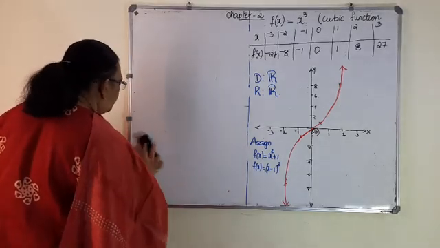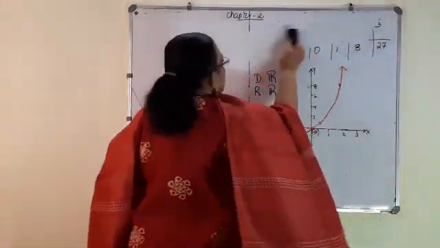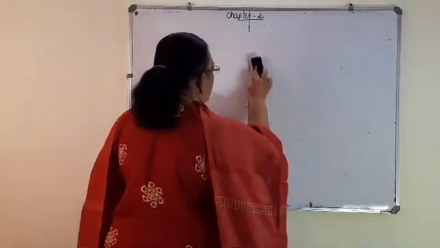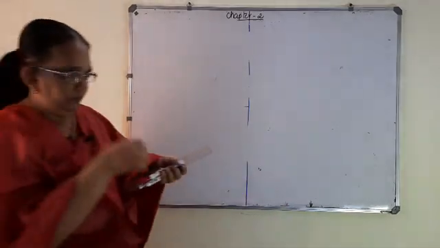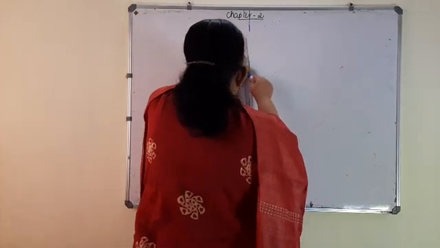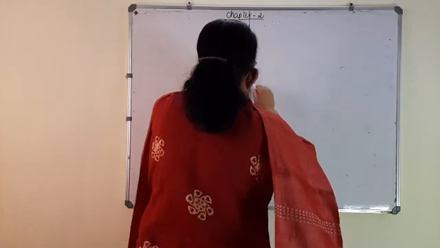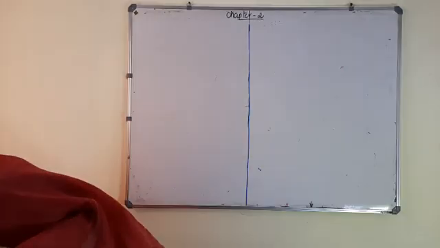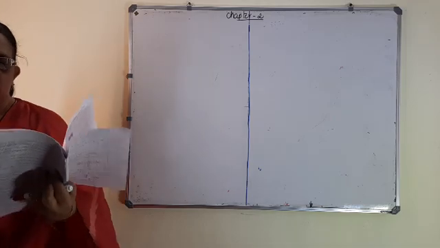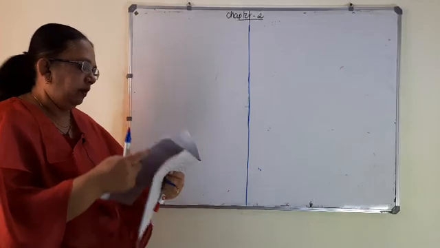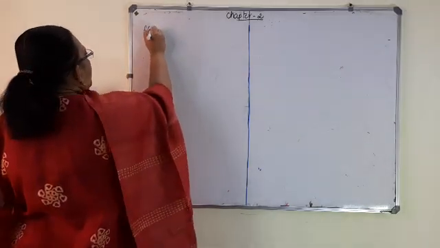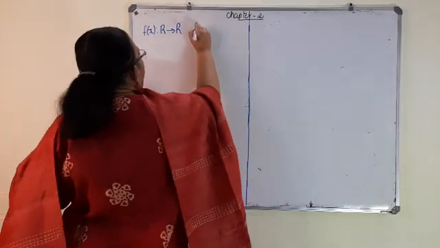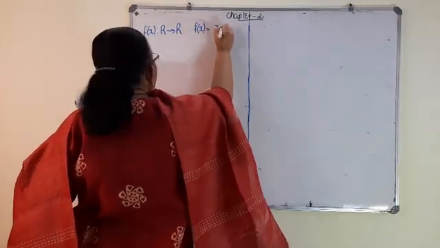Now, next one. Next one is: f of x is a function from R to R, real number to real number, defined by f of x is equal to x plus 10.